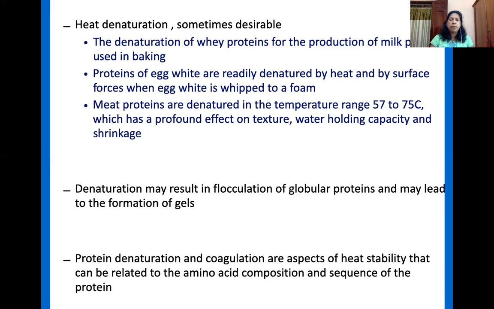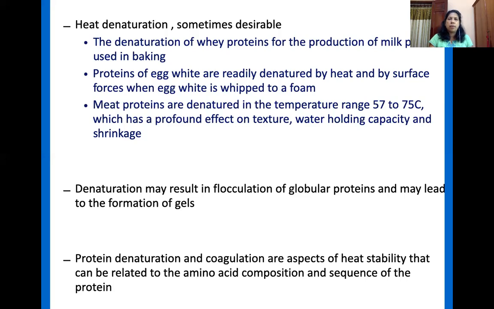So in this denaturation and coagulation, some amino acids and proteins are very stable, heat stable. So therefore, they don't support the denaturation process.